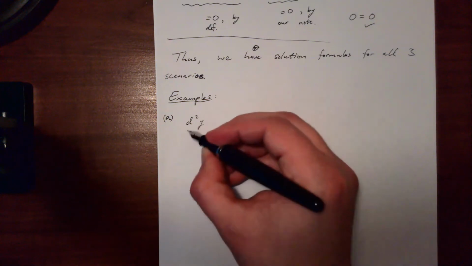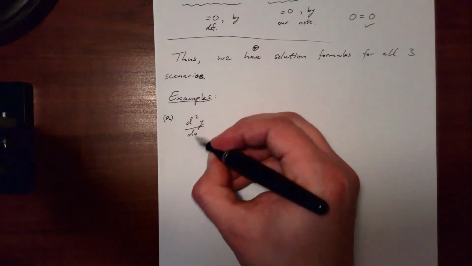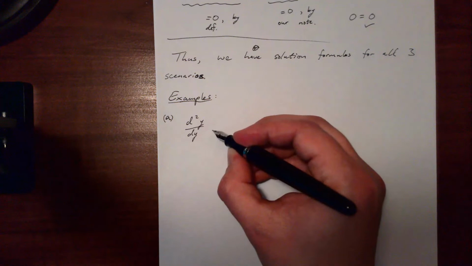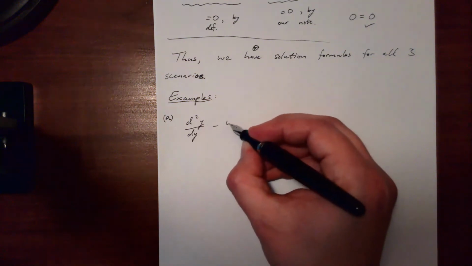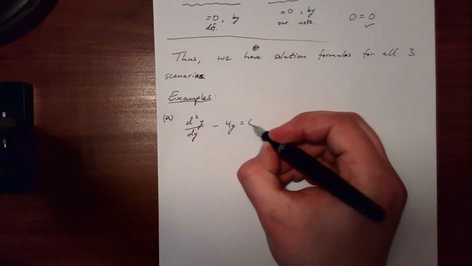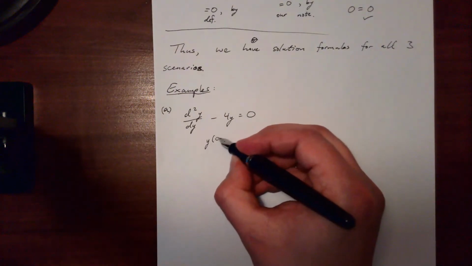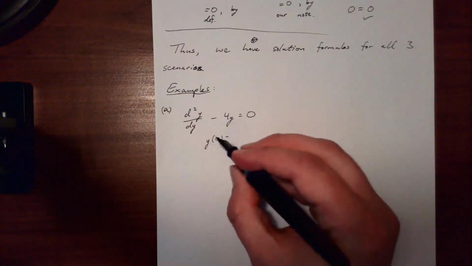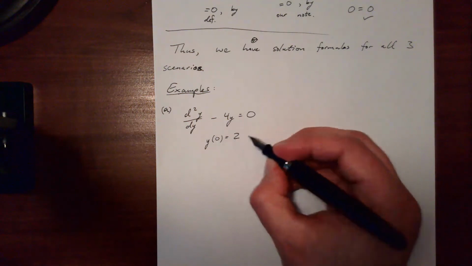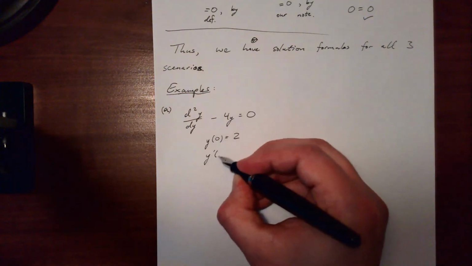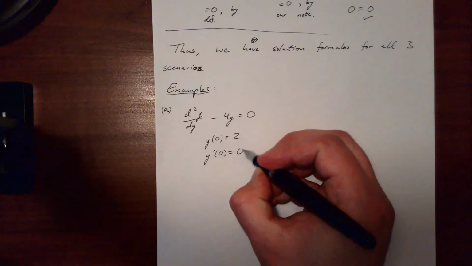So we'll say d squared y minus 4y equals 0. And then for the initial conditions, we'll say y of 0 equals 2, y prime of 0 equals 0.